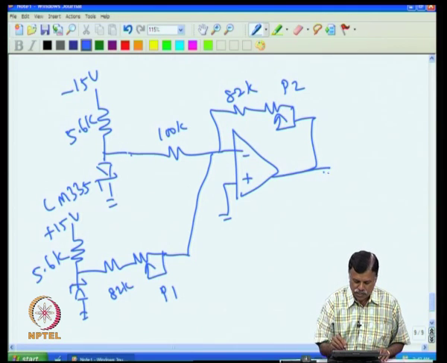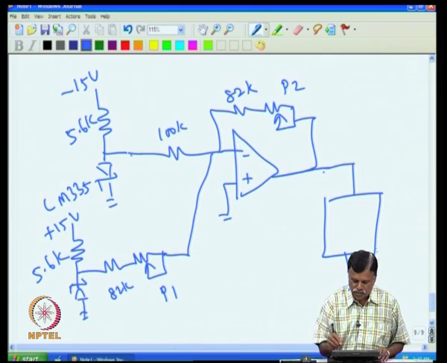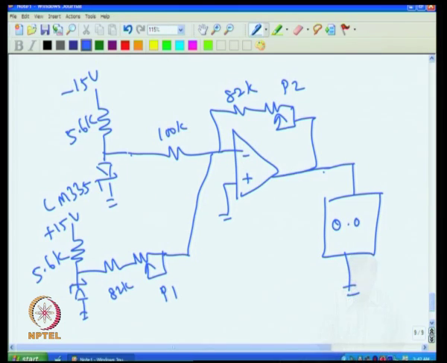Now, all that needs to be done is you connect the meter here, and that will show 0 for 0 degree C, and for 100 degree C it will show 100. And that can be achieved. For example, I can connect a voltmeter of 1 volt full scale, then when 1 volt comes, it definitely will show this.